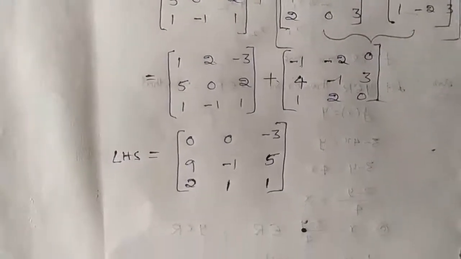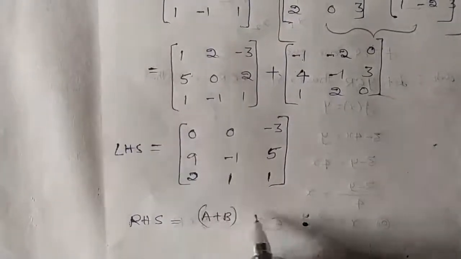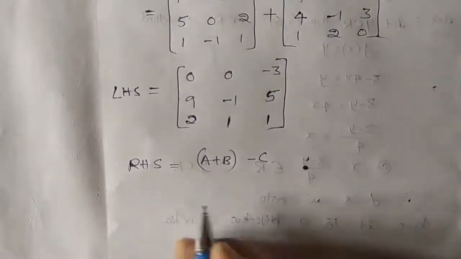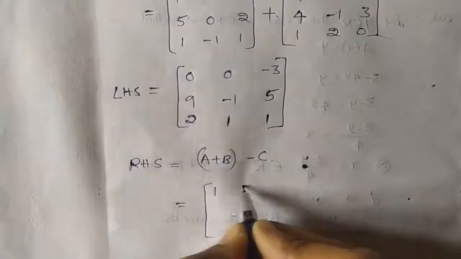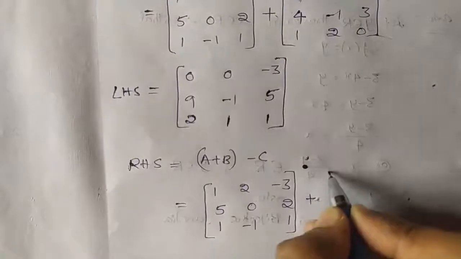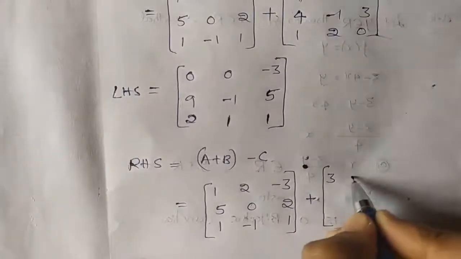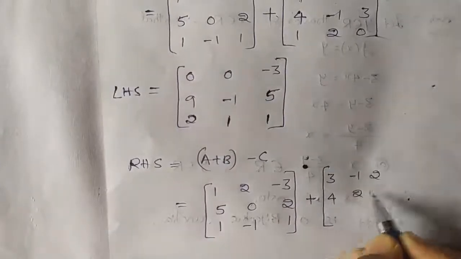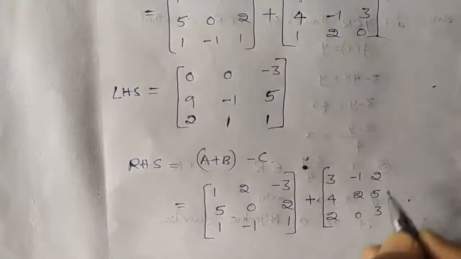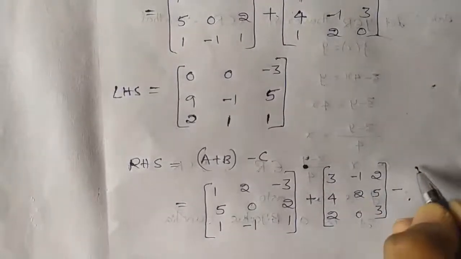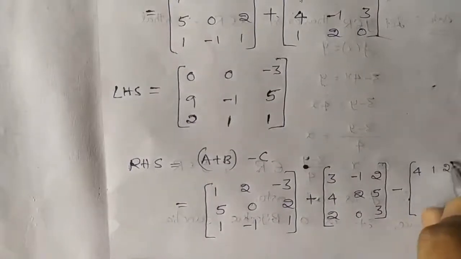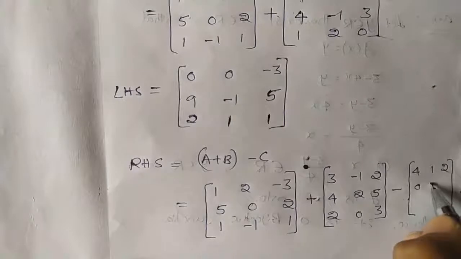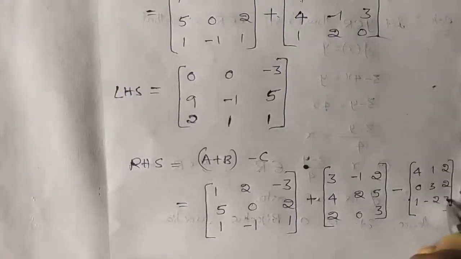Now take the RHS one. RHS equals (A plus B) minus C. That is equal to A plus B: the matrix 1 2 minus 3, 5 0 2, 1 minus 1 plus 1, plus B. Write the matrix B: 3 minus 1 plus 2, 4 2 5, 2 0 3, minus C, matrix C: 4 1 2, 0 3 2, 1 minus 2 plus 3.